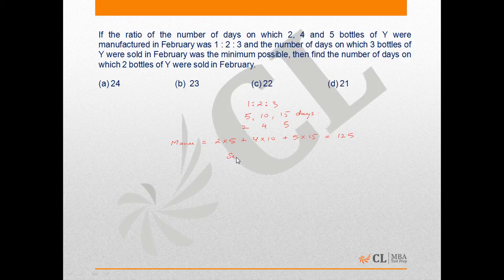Now let us assume that the number of bottles sold is 1 bottle for X days, 2 bottles for Y days and 3 bottles for Z days.